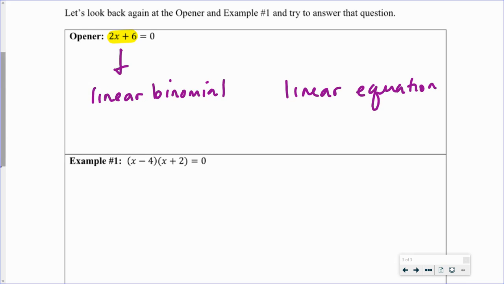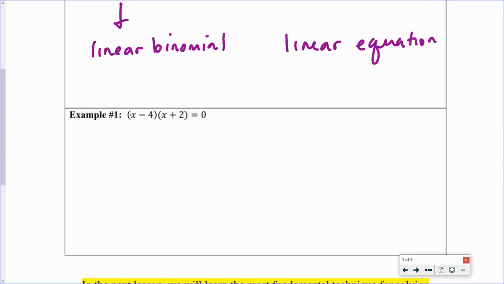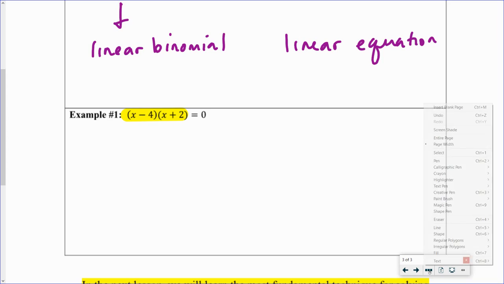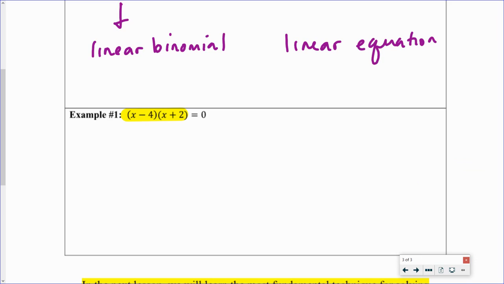Now, if you take a look at example 2, it's not as obvious. Again, I'm focusing on the left-hand side of the equation. The last unit we studied, we learned how to multiply linear binomials like this together. We use that foiling technique or the distributive property. So I'm going to apply that right now. So x times x is x squared.